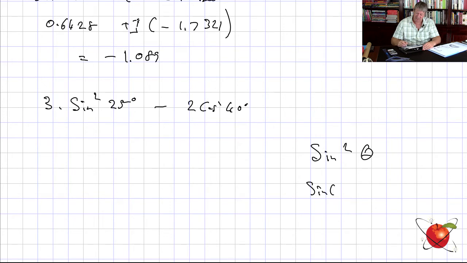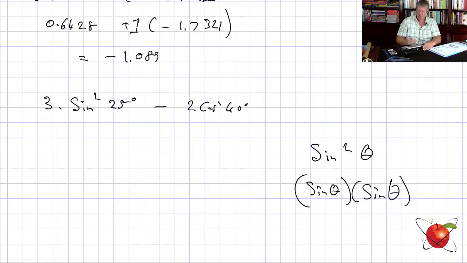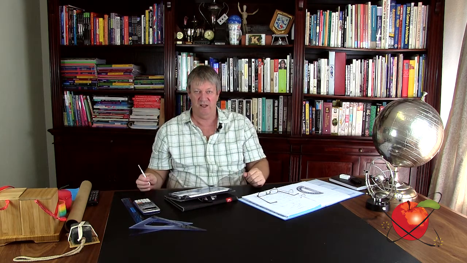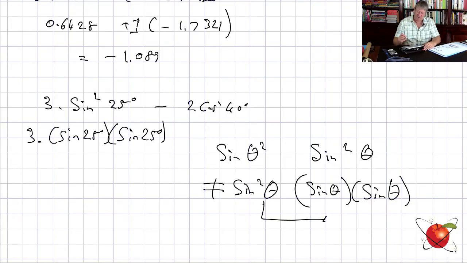This is sine theta times sine theta. So that is 3 times sine of 25 degrees times sine of 25 degrees. It is not 25 degrees squared. Otherwise, I would have written it as sine of theta squared. Can you see that the 2 there is not equal to sine squared theta? Because sine squared theta is sine theta times sine theta.